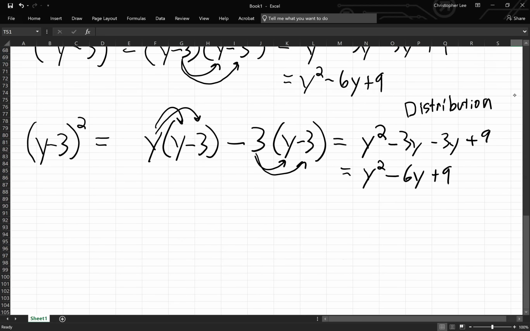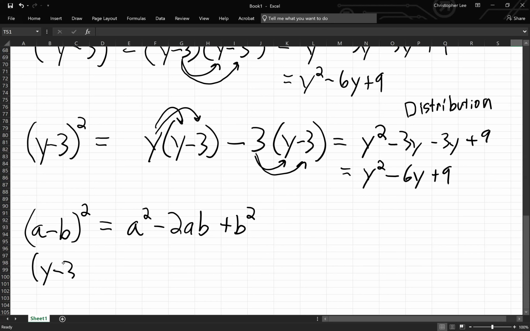So we learned a shortcut, right? You remember when we have a minus b squared? That's the same thing as a squared minus 2ab plus b squared. I don't know if we remember this, right? So for my question here, what do I have? I have y minus 3 squared. So what's that going to be?